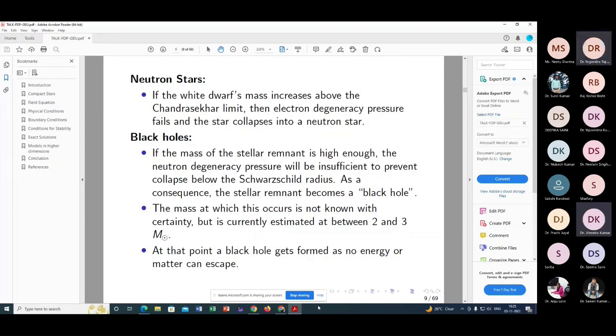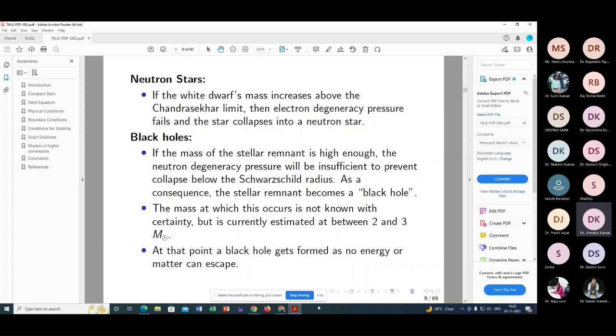Now, black holes. If the mass of a stellar remnant is high enough, the neutron degeneracy pressure will be insufficient to prevent collapse below the Schwarzschild radius.